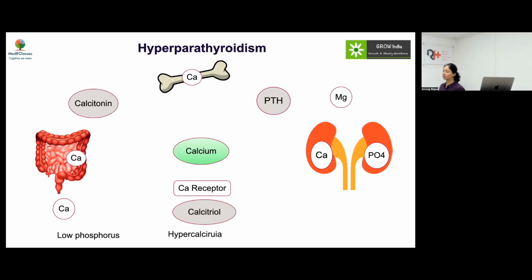But because, as has already been mentioned, the load of calcium delivered to the glomerulus is high, you will also see hypercalciuria, which is a relative hypocalciuria for the degree of hypercalcemia. So for the same level of calcium, if you have an inactivating mutation of the calcium sensing receptor, you will have the least amount of calcium in the urine. If you have other causes of hyperparathyroidism, you will have more.